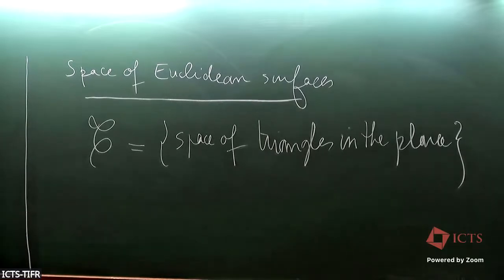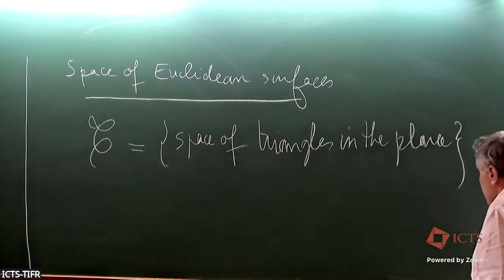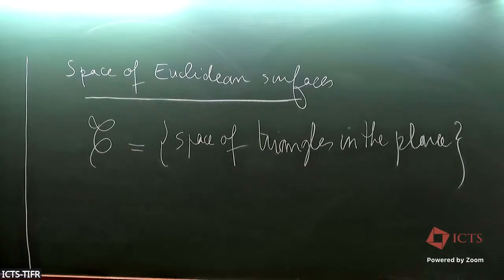All the properties which I know for the Teichmüller space of hyperbolic surfaces, I want to ask the same questions here. I gave the names there. I don't need to tell you who did what.